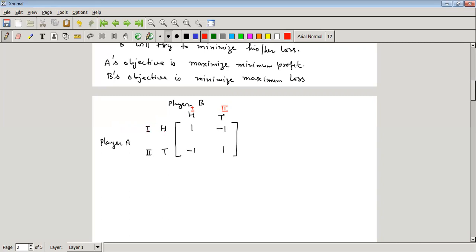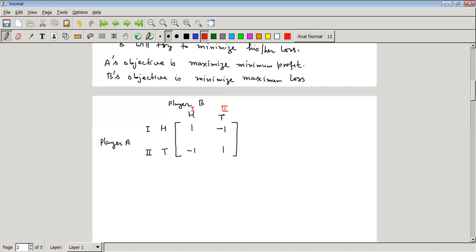For example, if A shows head, player A tosses the coin, it shows head, and because A wants to win the game and B also wants to win the game, player B is also intelligent, right?